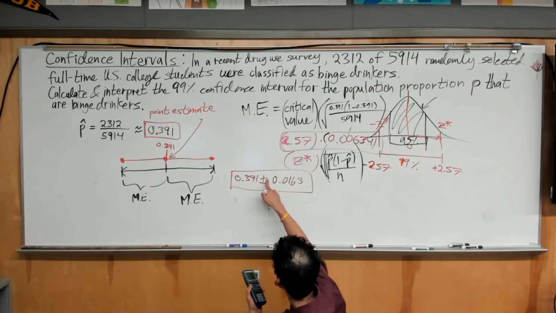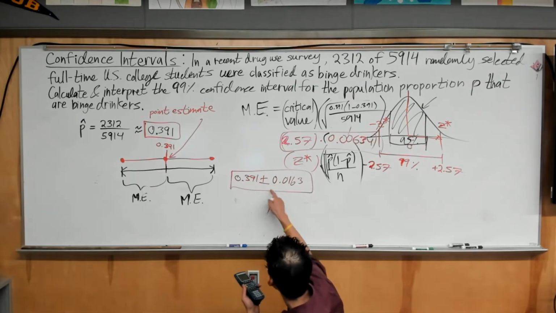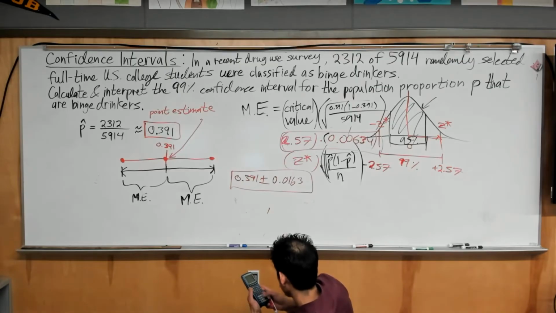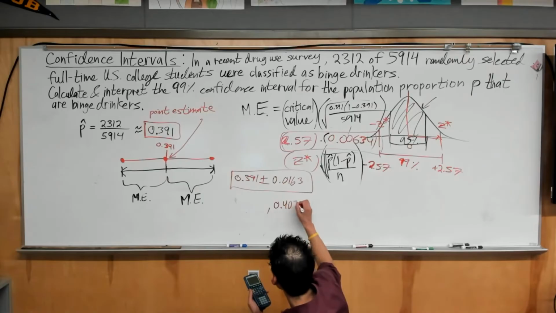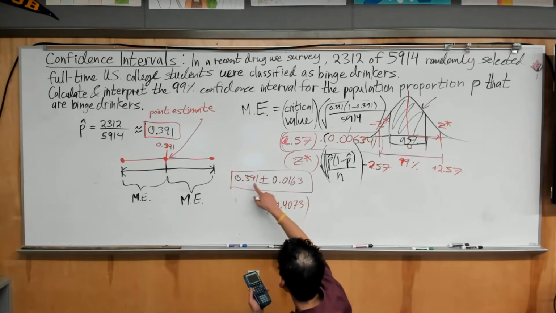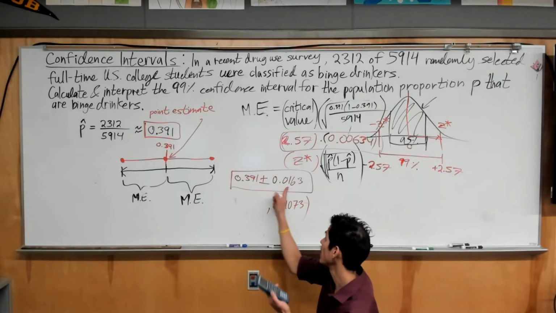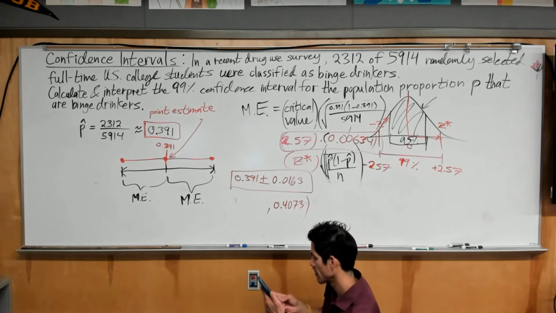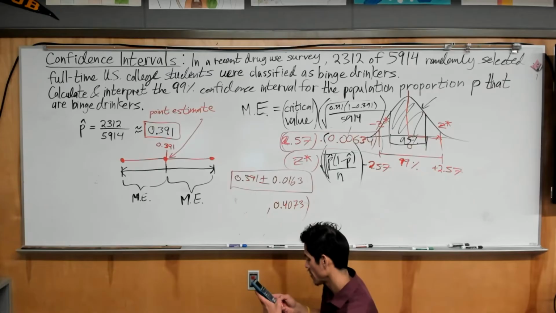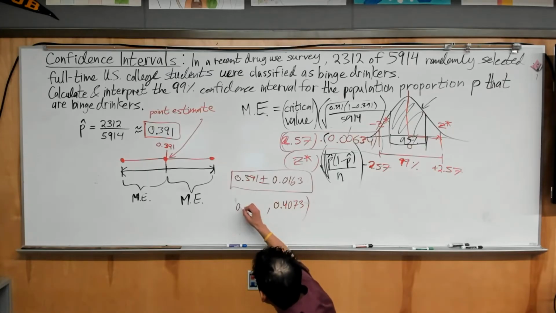When it says plus or minus, that means on one side we add this. So 0.391 plus that, the upper bound will be 0.4073-ish. The other one, we do 0.391 minus 0.016, and we'll get 0.3746. This looks messy.